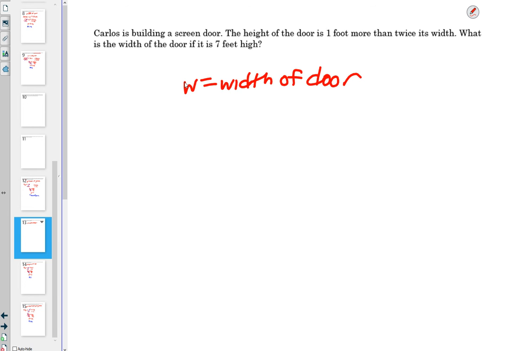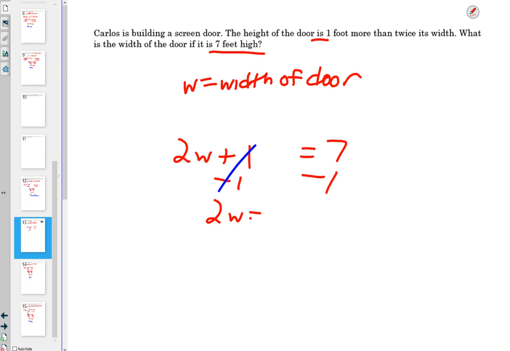And they tell you that the height of the door is, okay, which, at this point, we don't know the height, but if you keep on reading to the end, they eventually tell you that it's 7 feet. So something equals 7. And that height is 1 foot more than twice the width. So 2W plus 1. And now it just magically becomes minus 1, your W.